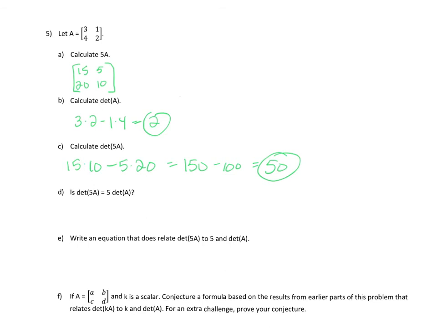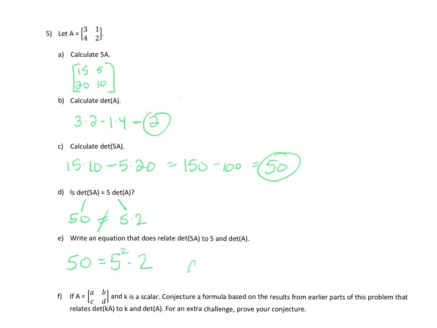Okay, so is the determinant of 5A equal to 5 times the determinant of A? So the determinant of 5A, that's 50. 5 times the determinant of A, that's 5 times 2. Those are not equal. But we're supposed to write an equation that does relate the determinant of 5A to 5 and the determinant of A. And what I can do is I could say, well, 50, it's not equal to 5 times 2, but it's equal to 5 squared times 2.